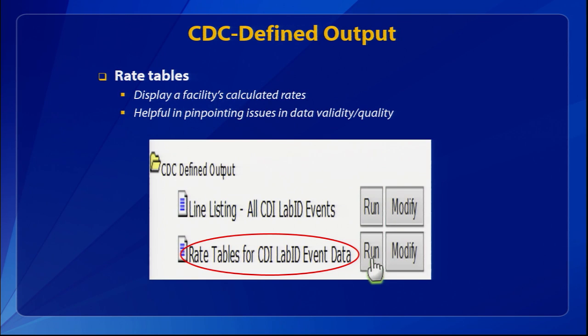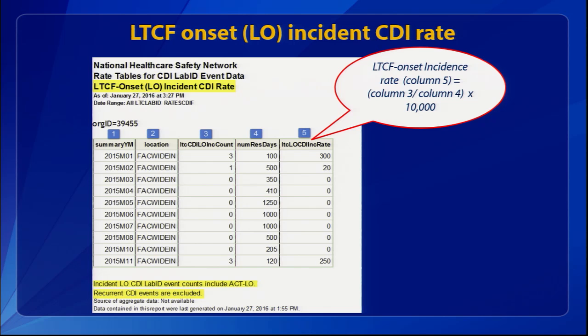Next, I'd like to show you an example of what a rate table would look like once you've entered your data. When you click on Run in NHSN, you will find that there are about 6 or 7 rate tables. In the interest of time, I'll only be discussing the long-term care facility incidence CDI rate table.